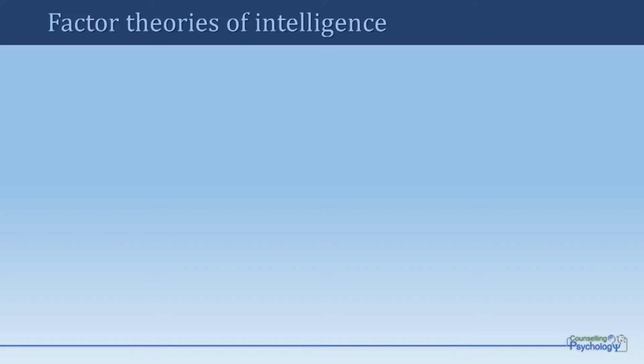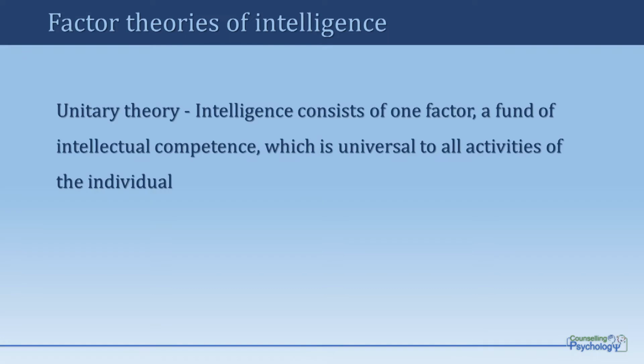There are many theories of intelligence given by various theorists. I will introduce the names of those theories briefly. There are factor theories of intelligence like the unitary theory, which claims that intelligence consists of one factor, a fund of intellectual competence, which is universal to all activities of the individual.